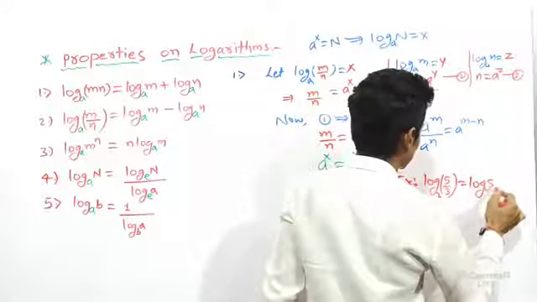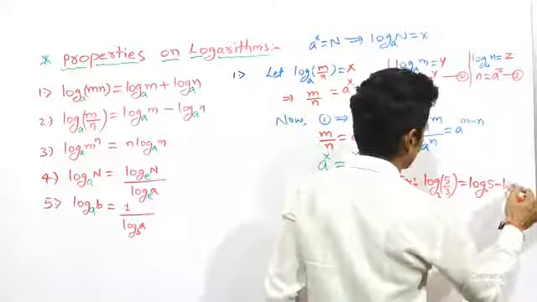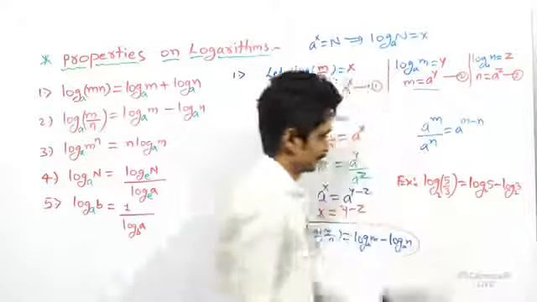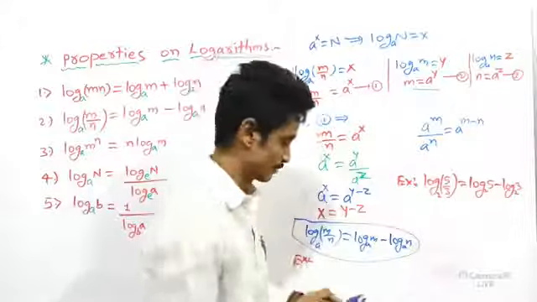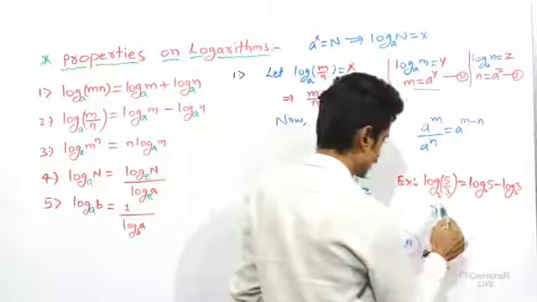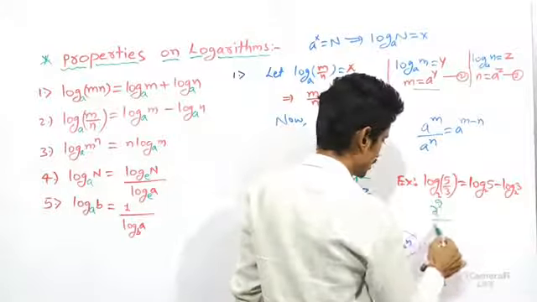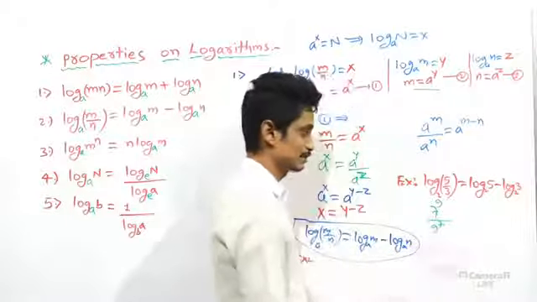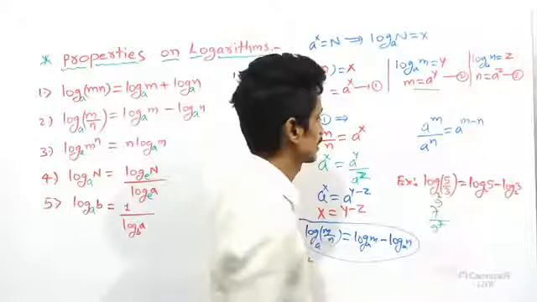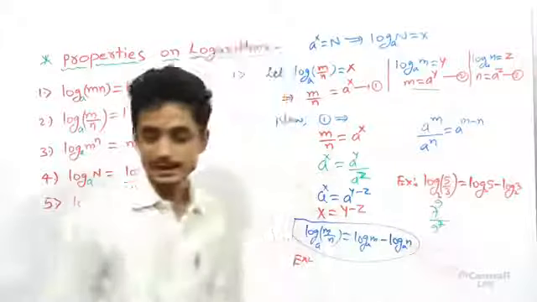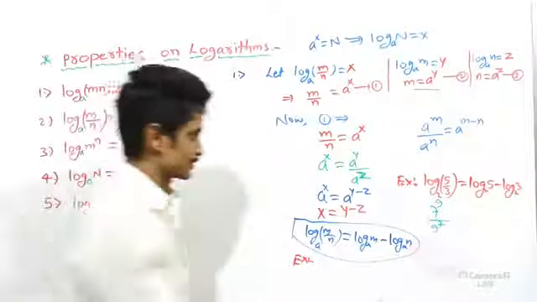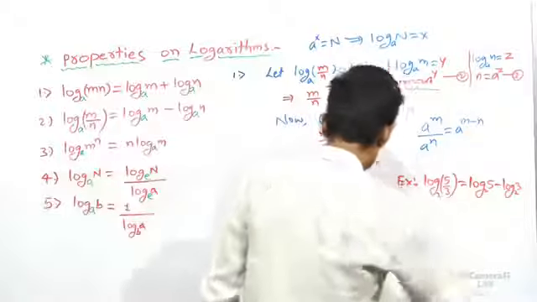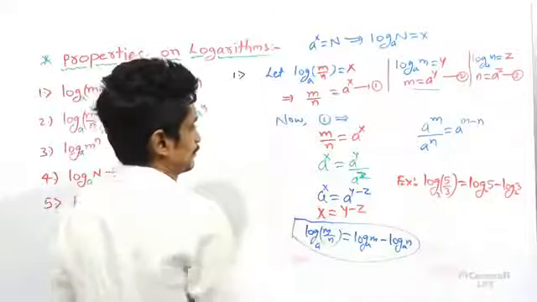Log 5 to the base 2 minus log 3 to the base 2. Subtraction is very simple. When we have a question like 7 power 9 divided by 9 power 7, what is the value? At this time we can apply this rule by applying log. Okay. Next. This is our second property.